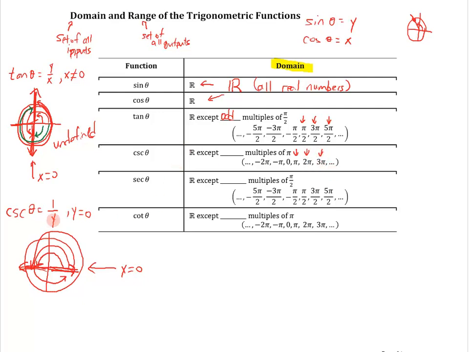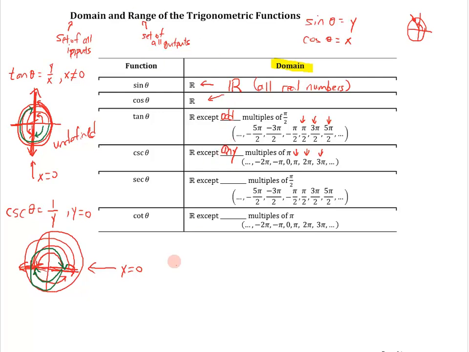Anything that ends up on the x-axis is going to be undefined when you plug it into cosecant, because you'll be dividing by 0, and that's not defined. So any multiple of pi, 0, pi, 2 pi, 3 pi, any multiple of pi at all is going to give us a problem. Either way, if you went in the negative direction, there's negative pi, here's negative 2 pi, and so forth.